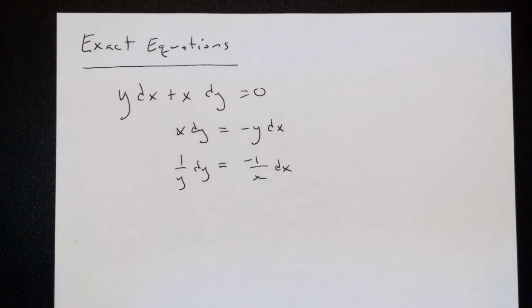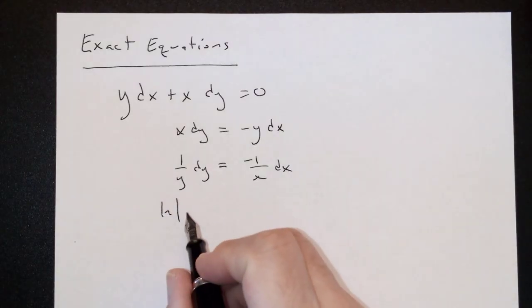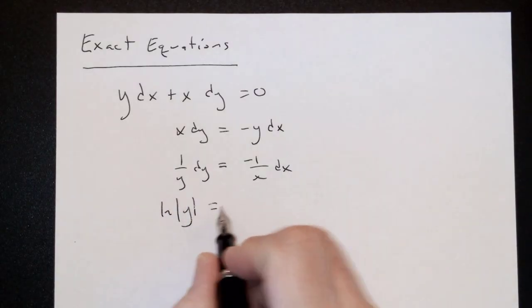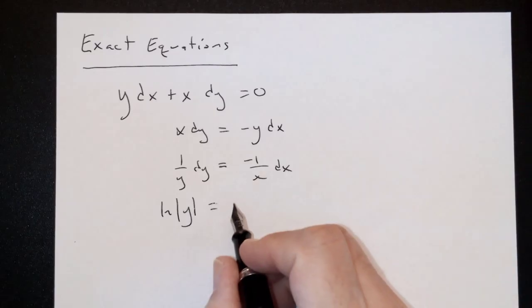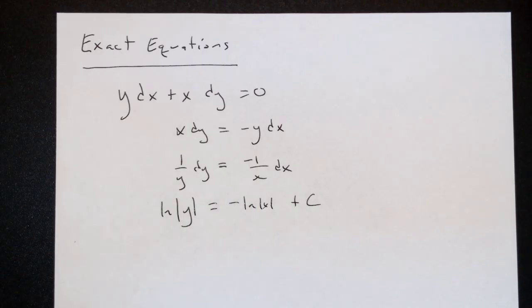Left side is the integral of what? Y. Right side? Negative ln of x. There's got to be a plus c somewhere. We'll put it on that side.